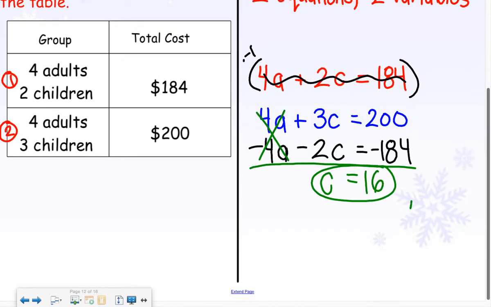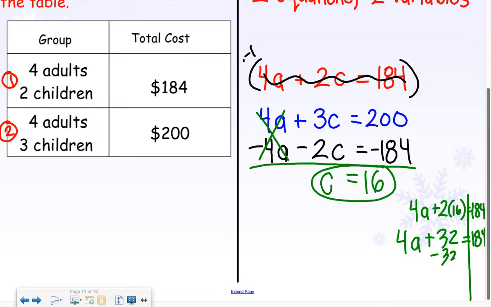So we'll do 4a plus 2 times 16 equals 184. 4a plus 32 is 184. Minus 32 on both sides. And we have 4a equals 152.